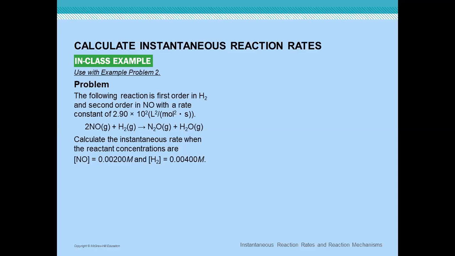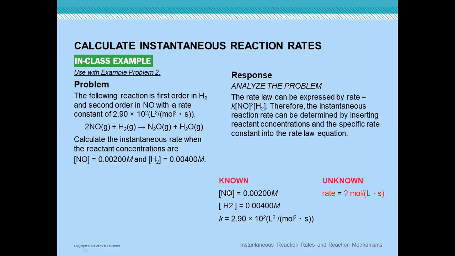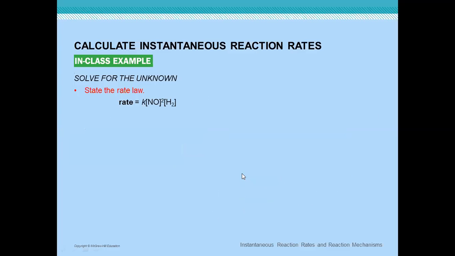Calculate the instantaneous rate when the reactant concentration of NO equals this number, while H2 equals this. The known are NO, H2, and the constant k. The unknown is the rate. How can we calculate it?